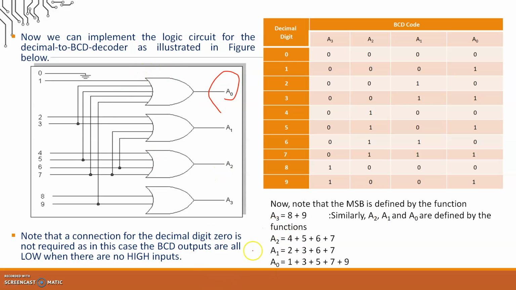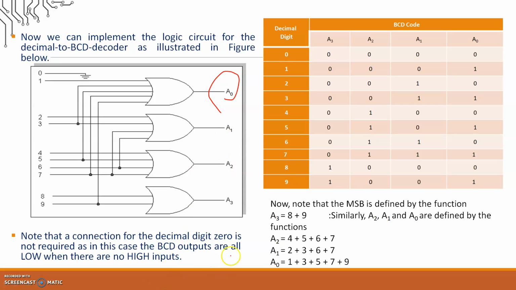When it comes to 0, it is grounded, and for 1 the value is 0001, and for 2 it is 0010. This is the BCD code and this is the decimal code.